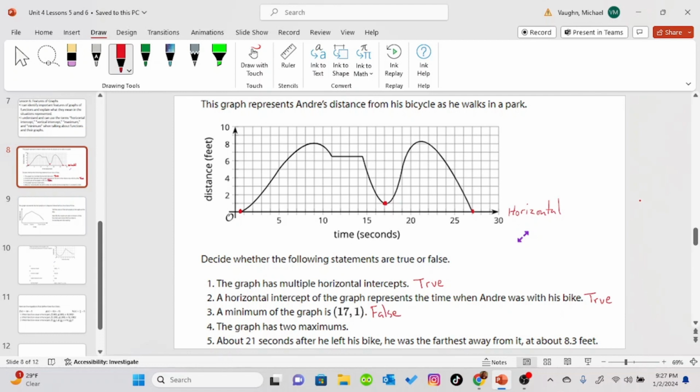Number 4, the graph has two maximums. A maximum is a point on the graph where the y value is the greatest. If you look at the top of the first hill, we see that the line is even with y equals 8.